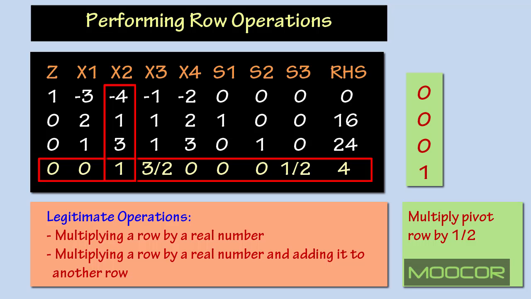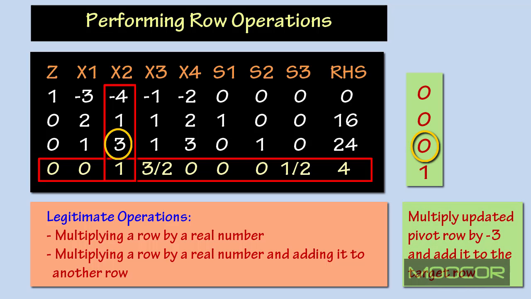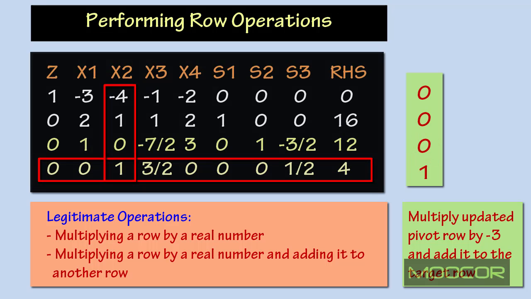The next set of operations are to convert the other column elements of the pivot column. Now we have 3 and we need to make it 0, so we can multiply the new pivot row by -3.